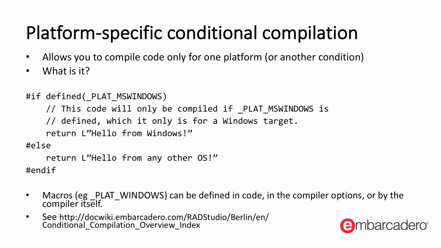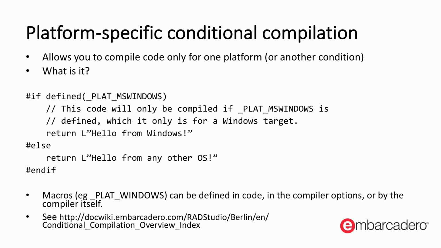If you haven't come across conditional compilation before, it works like this. Using a compiler directive, which is a statement with a hash mark in front of it, a section of code is marked to be only compiled, to be only seen by the compiler, if something is true. Here, the condition which is true or false is if a particular macro is defined.